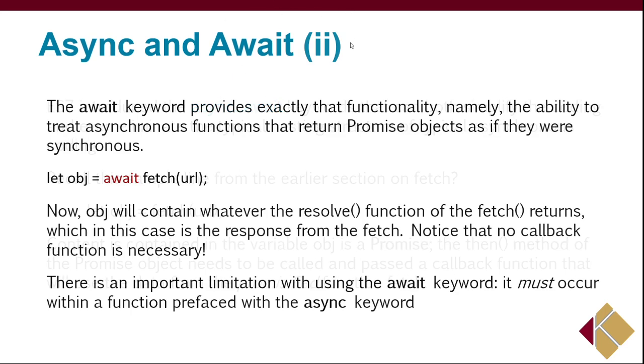Yeah. All right. So the await keyword basically says that you return promise objects as if they were synchronous. So the object will contain whatever resolve the fetch has, which is a response from the fetch. We don't need a callback, right?